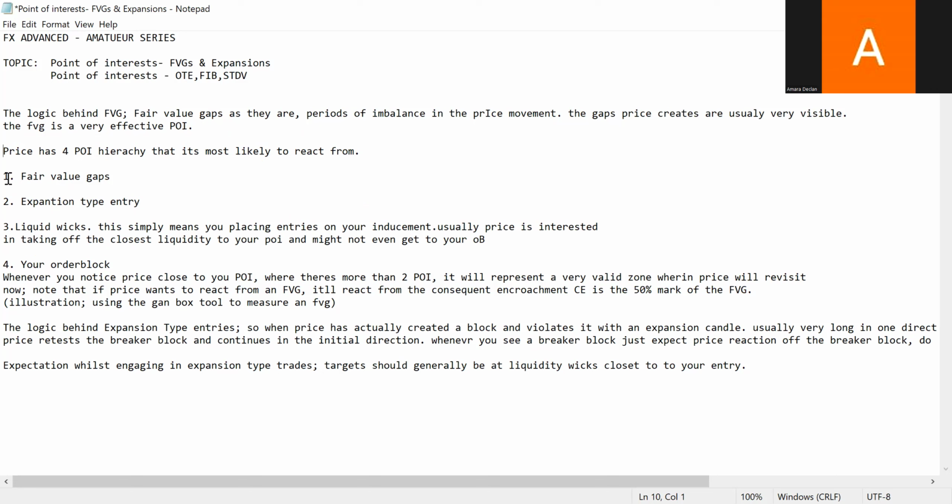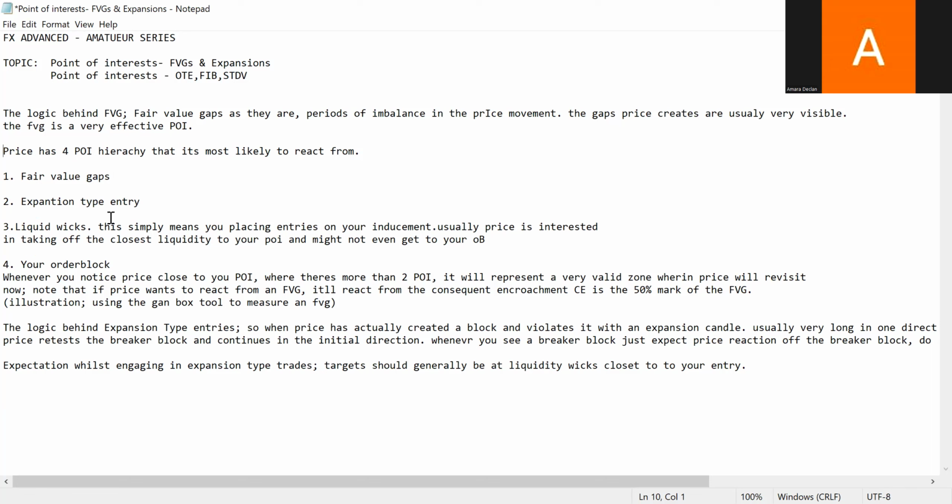So price can either react from a fair value gap or use it as an objective, in that it is buying to or selling to fill up a fair value gap. Or it can serve as an additional confluence when framing a trade. We're going to look at all of those things on the chart.